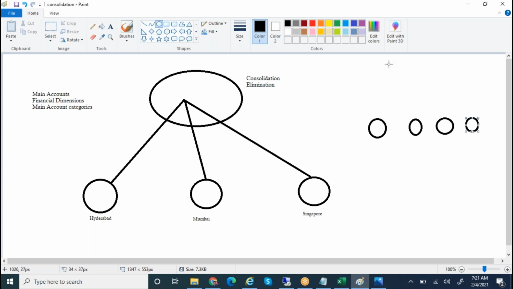And I can create at any point of time one legal entity, and I can make this a parent for this child. I can create one more legal entity, and I can make this the parent for this one. Got my point? We are assigning parent company to the child company, but not like this.